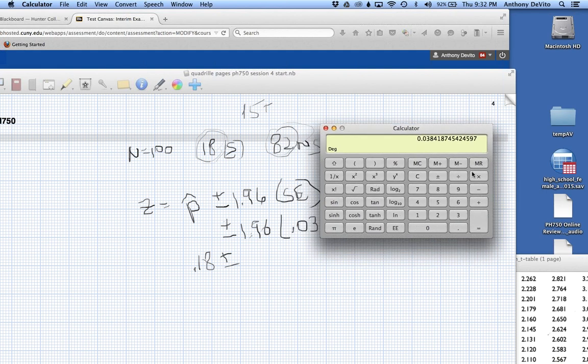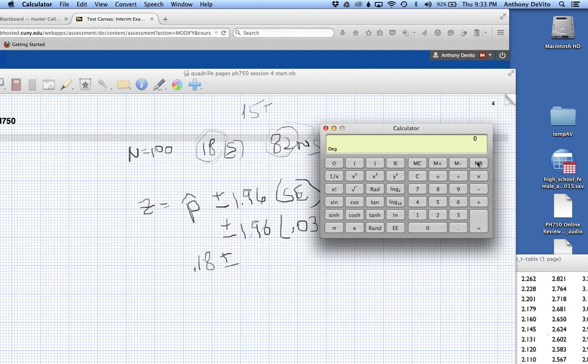Okay, so let's see what we get. 0.0384 times 1.96 equals about 7.5%.